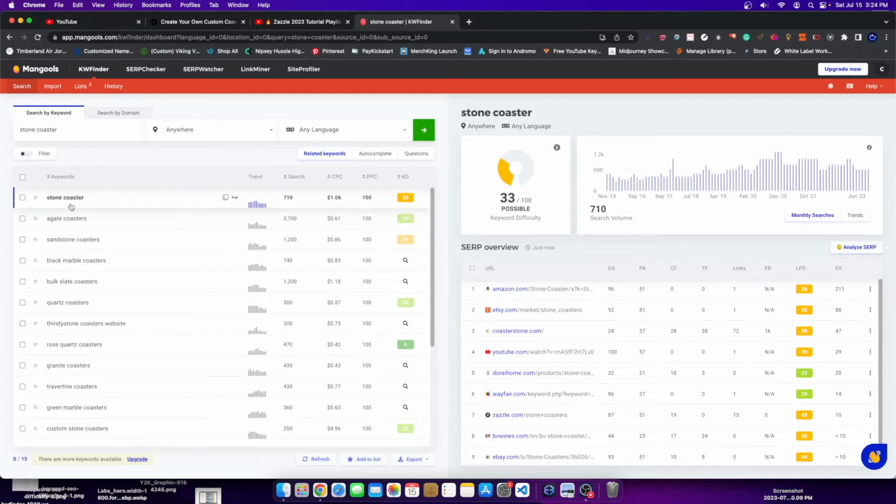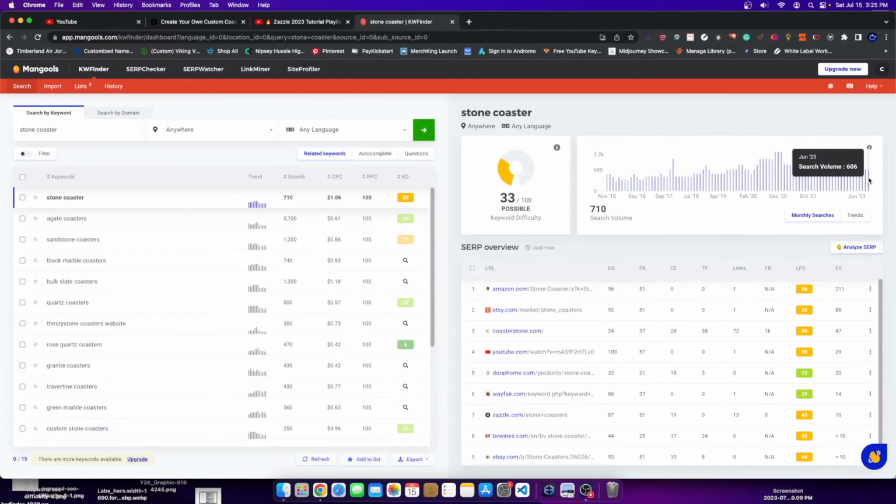If we look here, the very first keyword that I entered was stone coaster. And if we look to the right-hand side, the search volume does differ. Some months it's at 488. This was March of 2020, right? And then some months it's at 909. Some months it's even at 1,000 searches a month.